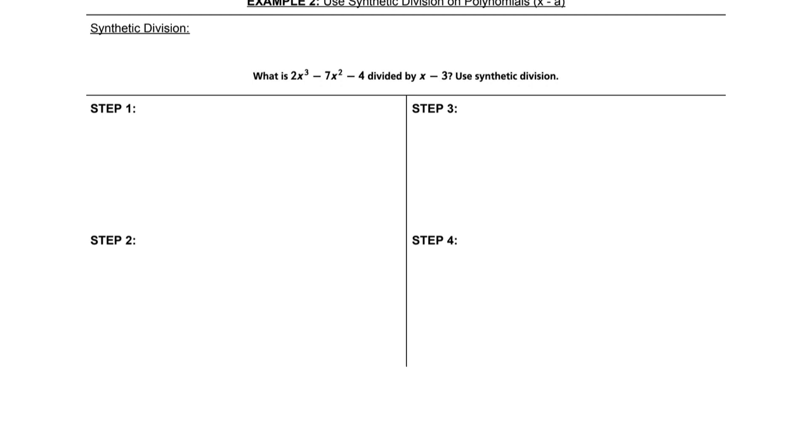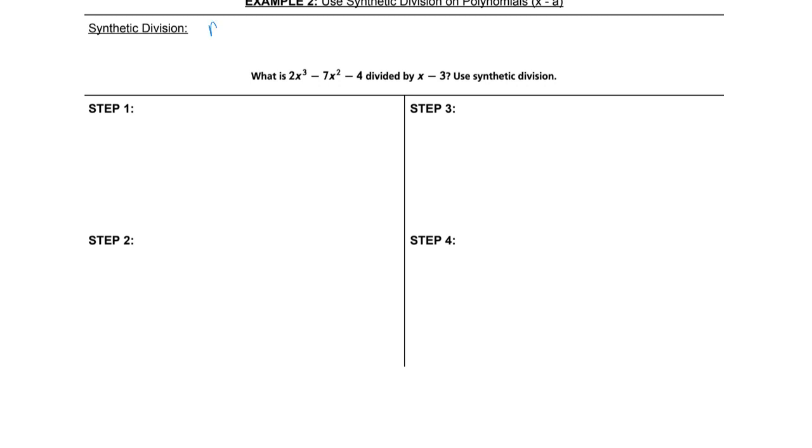Synthetic division is a method of polynomial division with a divisor of x minus a, meaning the coefficient of x equals 1 and the power equals 1 as well.